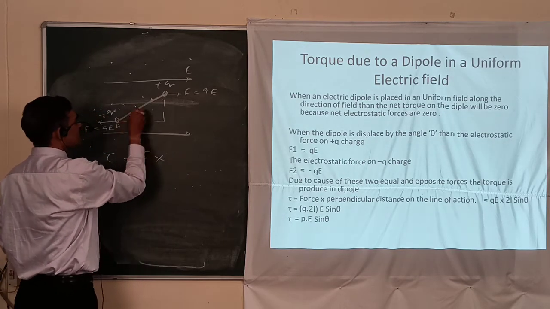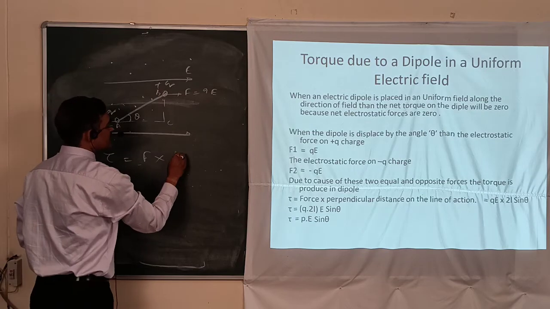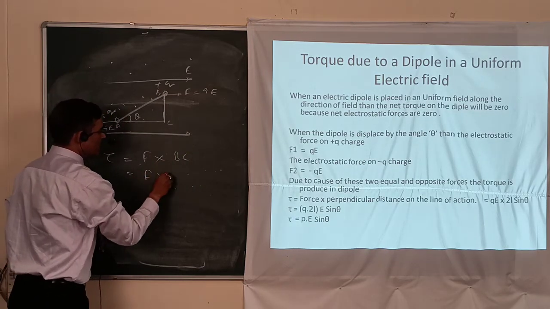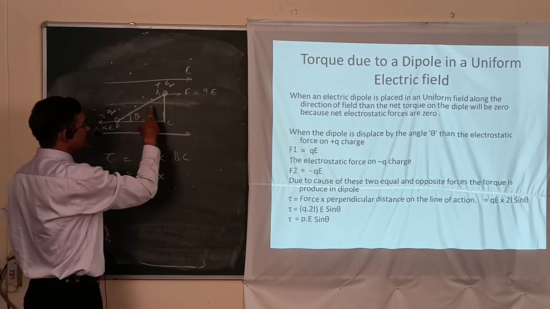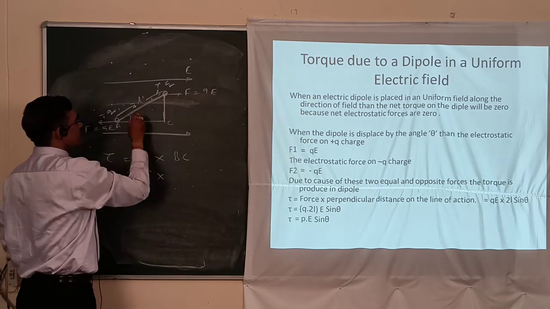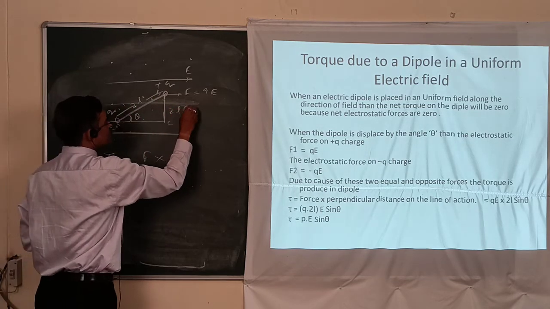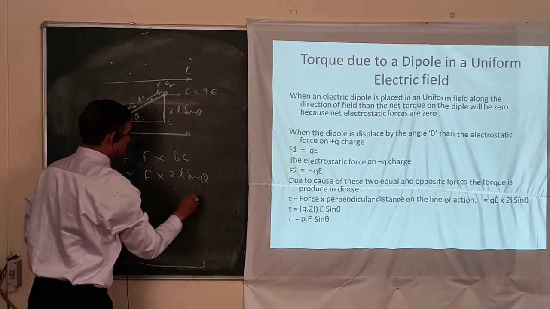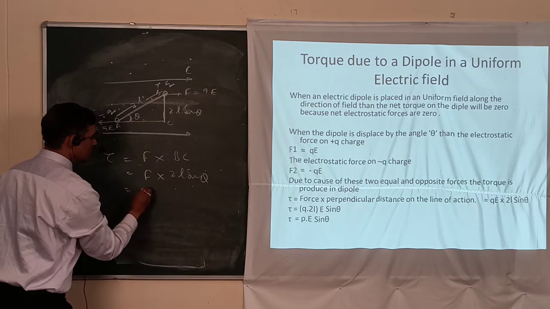If we take suppose A and B and C, then this perpendicular distance is BC, so F into BC will be equal to, if this length is 2L and this angle is theta, then BC will be 2L sine of theta. The value of force is QE.